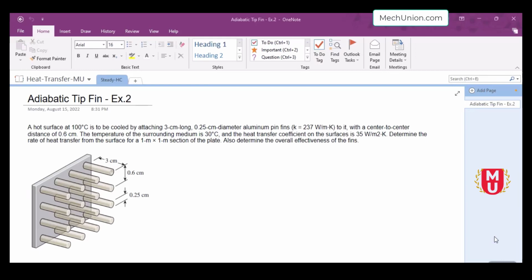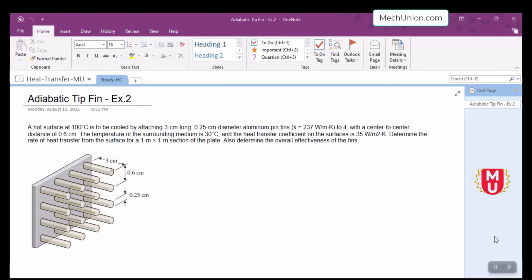A hot surface at 100 Celsius is to be cooled by attaching 3 cm long, 0.25 centimeters diameter aluminum pin fins, which have thermal conductivity of 237 watt per meter Kelvin, with a center to center distance of 0.6 centimeters, as shown in the figure.